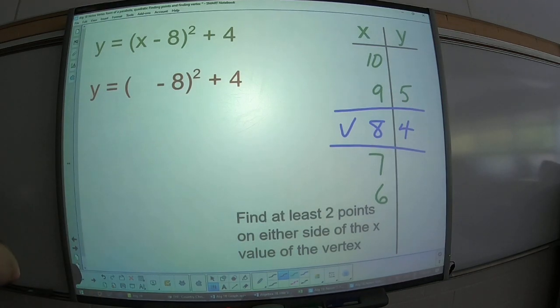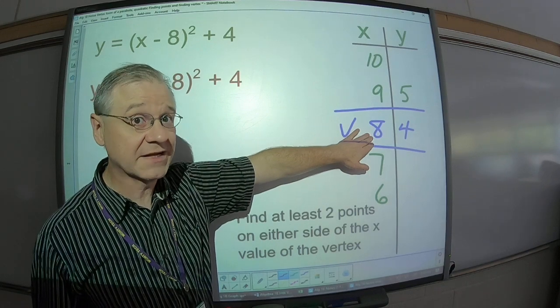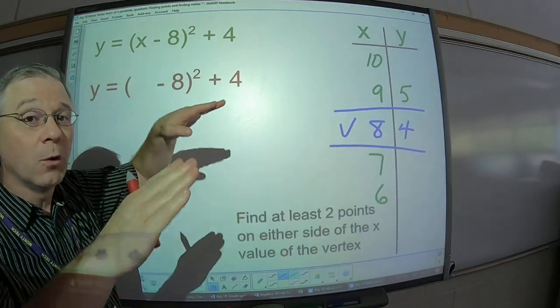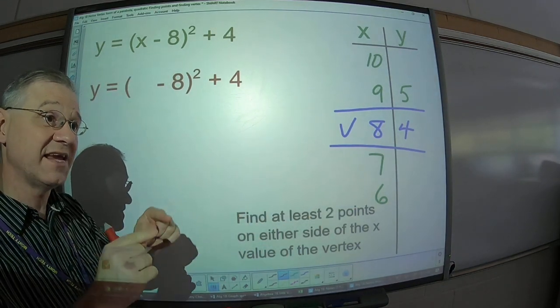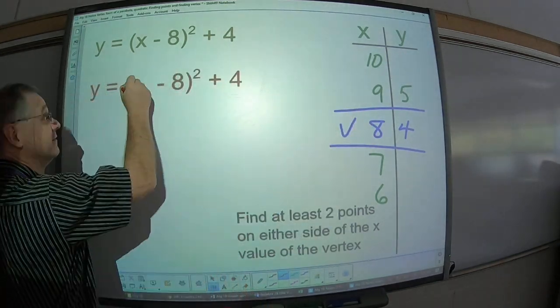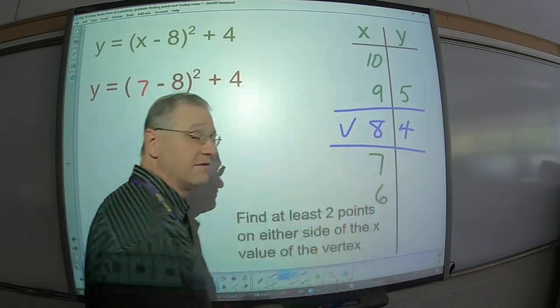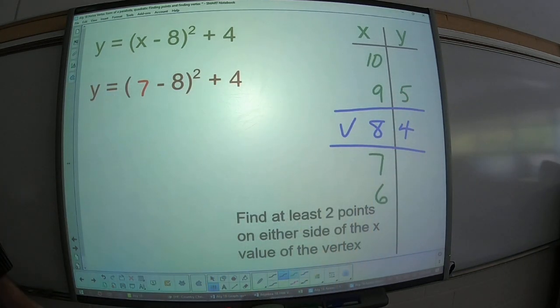Now, here's what's interesting. If you have the correct vertex, when you go on either side of that the same distance, like up 1, down 1, it should come out to the same y value, because that's what the graph of a parabola looks like.